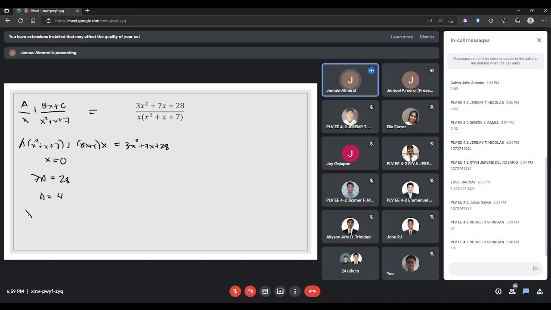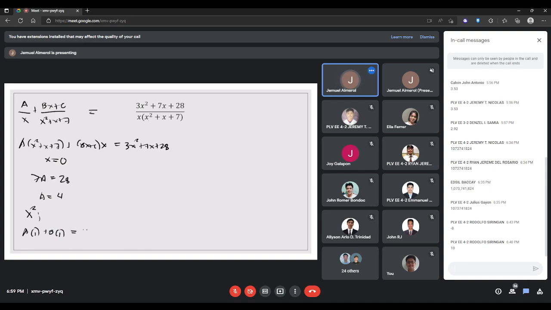Tapos, decomposition. Let's start with X squared. Kasi yun ang pinakamataas. So, your A has 1 constant. Yung X squared. Okay? Si BX, ayun no, pag dinistribute, maging BX squared. So, B times 1, no? Okay? Si CX, hindi na kasi X lang siya eh. Dapat square.